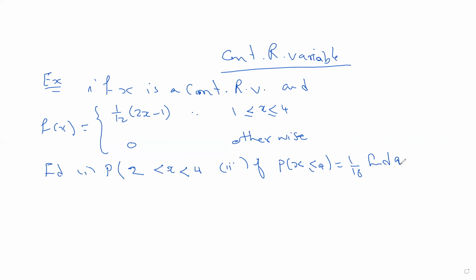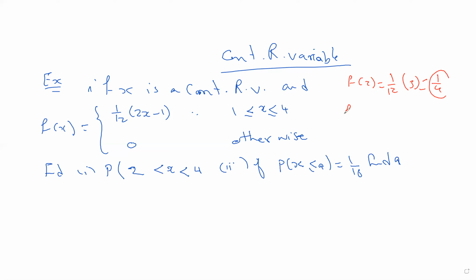So first of all, we have to substitute some numbers of this interval to graph. For example, f of 2 will be 1 over 12 times 2 times 2, 4, minus 1 is 3. It will be 3 over 12, which is 1 over 4.